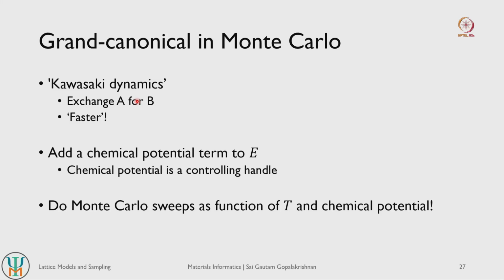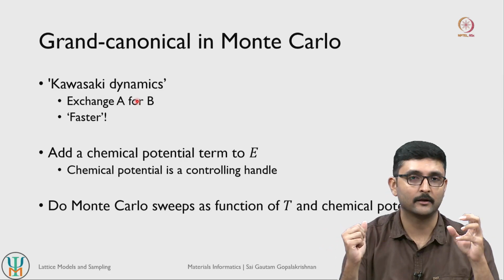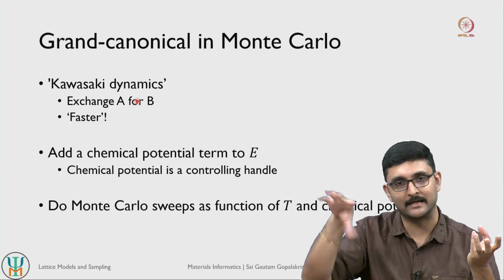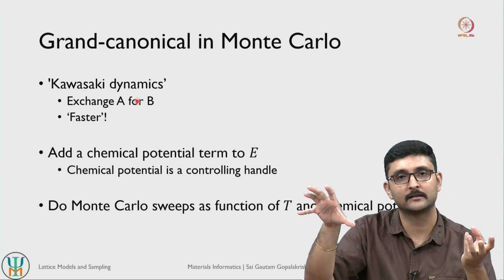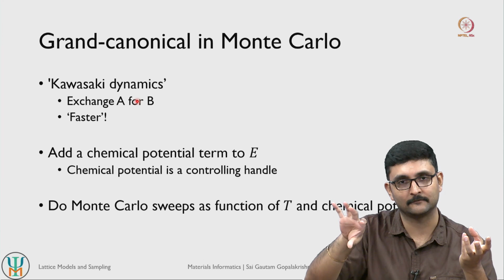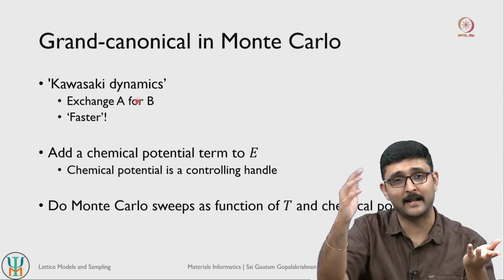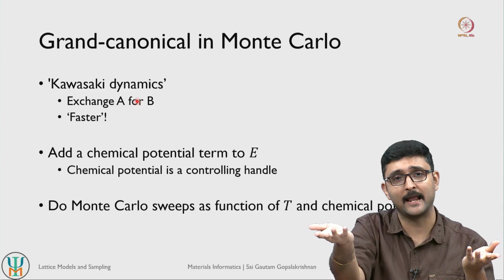Right. So let's say you do Monte Carlo in a canonical setting, right. So in a canonical setting, your composition is fixed, right. So if you replace one A atom with another B atom, then at a different region of your system, you need to replace B with A as well. So one swap of A with B requires that another B atom is swapped to an A atom there, right.